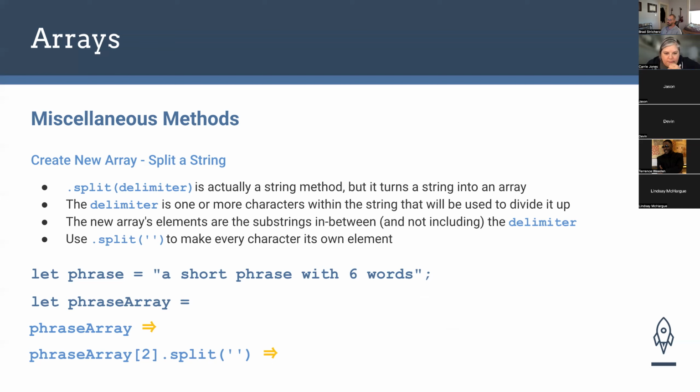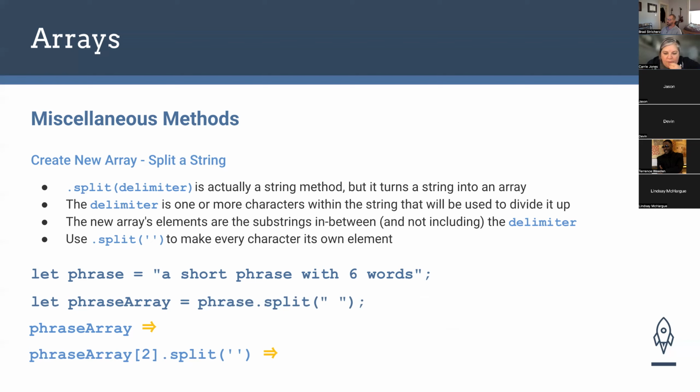So let's do this. A short phrase with 6 words, right? So we would say phrase dot split, and then to get it into those 6 words, we would just say the spaces are what we want to use to be the delimiter, right?